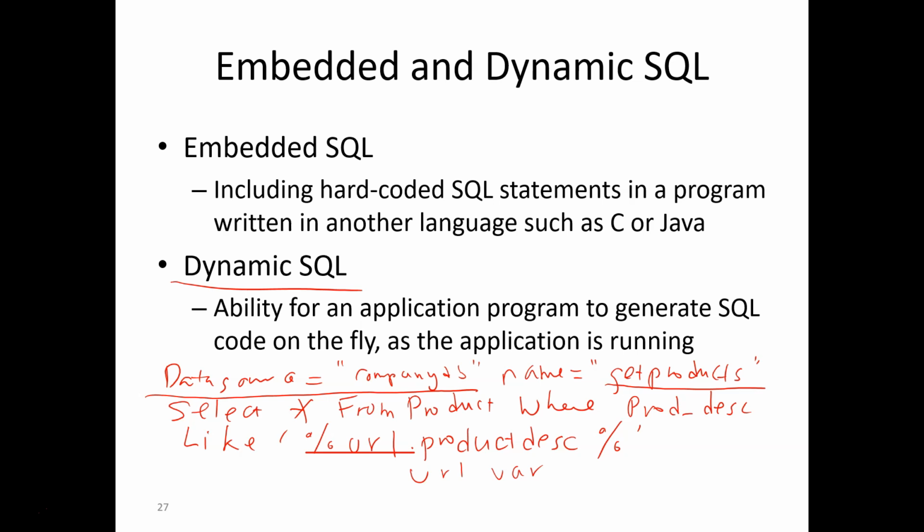As you can see, the SQL statement will be generated based on whatever the user entered as search criteria. So that is an example of dynamic SQL. And this example here applies to an e-commerce application obviously, because of the URL variable, and different programming languages will have different syntax for creating dynamic SQL statements.